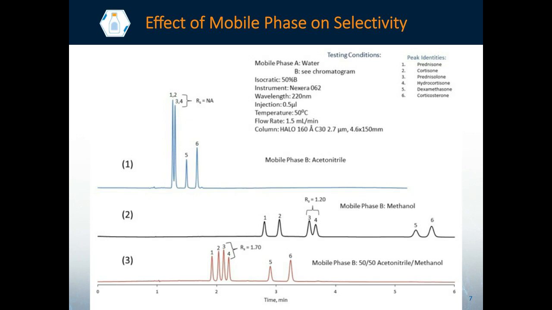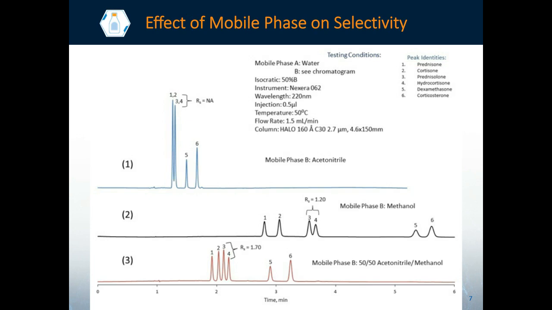So then on the bottom chromatogram, number 3, which is the trace in red, what you can see is we're now getting that baseline resolution between peaks 3 and 4, the prednisolone and the hydrocortisone, with a resolution of 1.7. So not only are we getting baseline resolution, but a nice compromise in terms of the total retention time compared to when the 100% methanol was used on channel B.